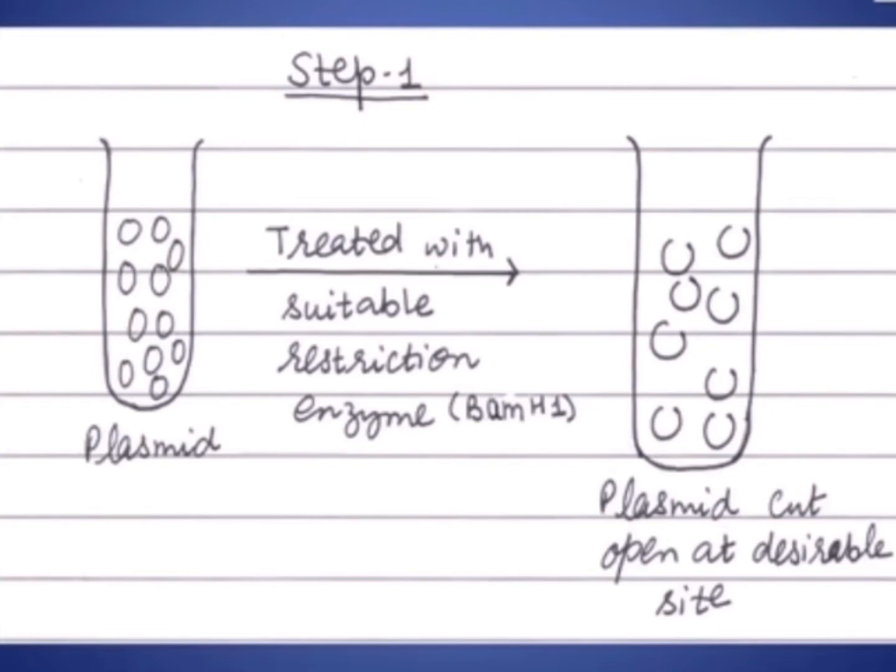When the restriction enzyme BAMH1 recognizes that site in the tetracycline resistance gene, it is going to cut that particular portion. So the plasmid will open up, and you can see that opened up plasmid in the next picture of the test tube.